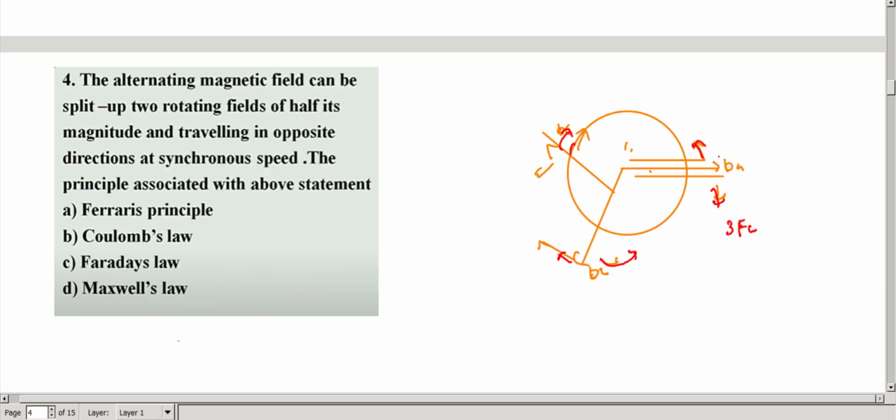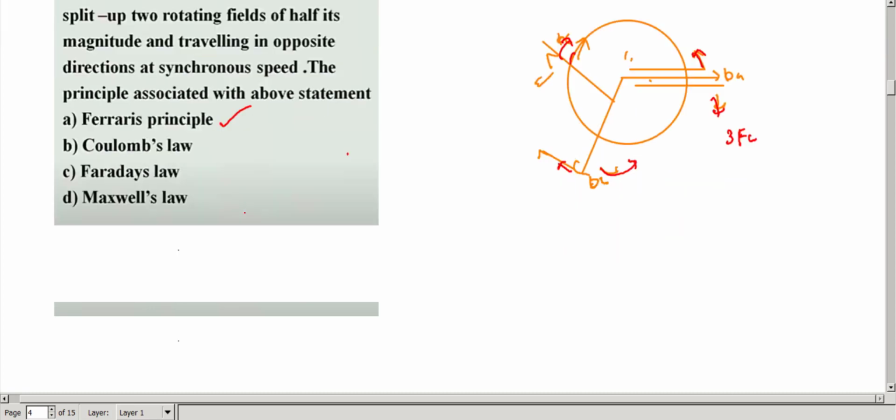If you add the 3 forward rotating magnetic fields, the result is 3/2 Fm cos of (theta minus omega t), whereas if you add the backward rotating magnetic fields, it results in 0 in case of a 3-phase induction motor. In case of a single phase induction motor, it does not become 0. You have a 90 degrees phase displacement. So this is Ferrari's principle, the double field revolving theory, based on Ferrari's principle.